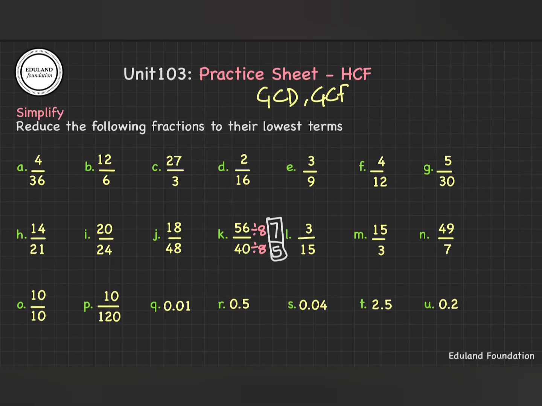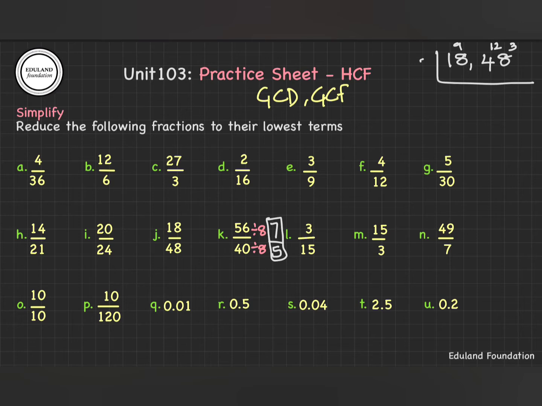Now let's take another one, 18 by 48. Let's find the HCF of 18 and 48. 1 plus 8 is 9 and 4 plus 8 is 12, so it is divisible by 3.